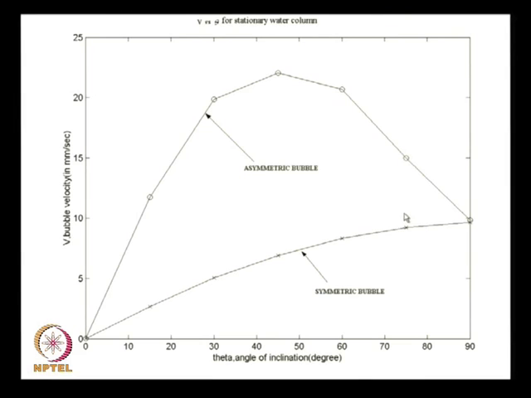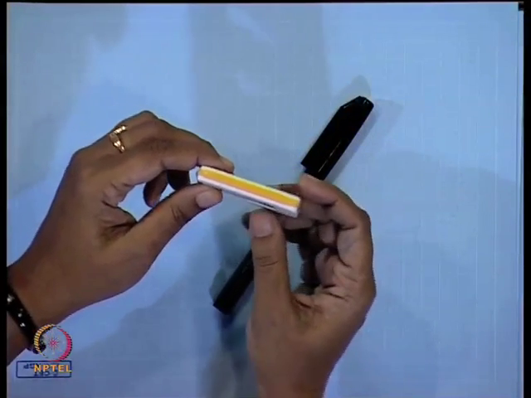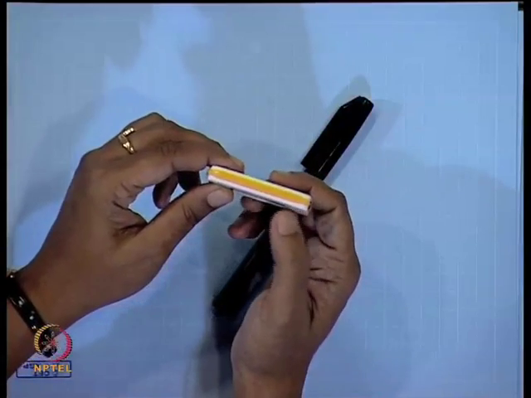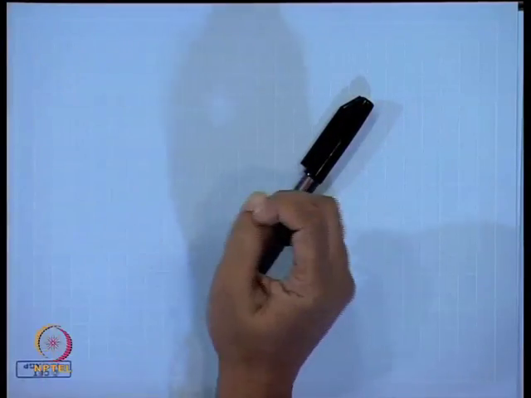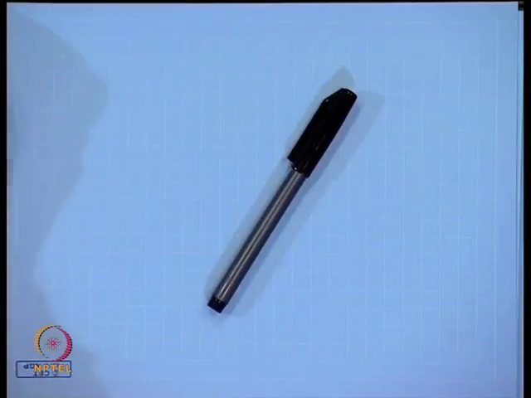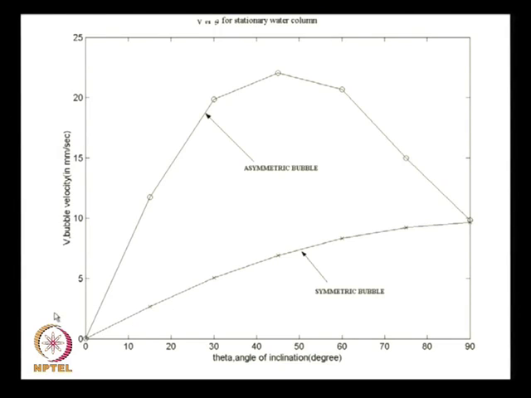But when we were doing it in the other orientation, when the narrow face was perpendicular to the vertical axis, we obtained results which we did not expect. What we found? The rise velocity went on increasing and it was maximum at 90 degrees, means in the vertical orientation it is maximum.